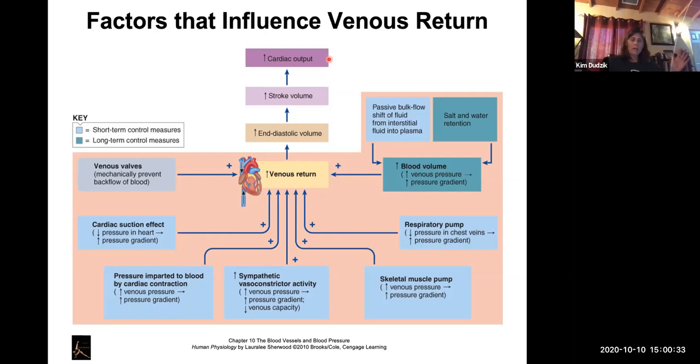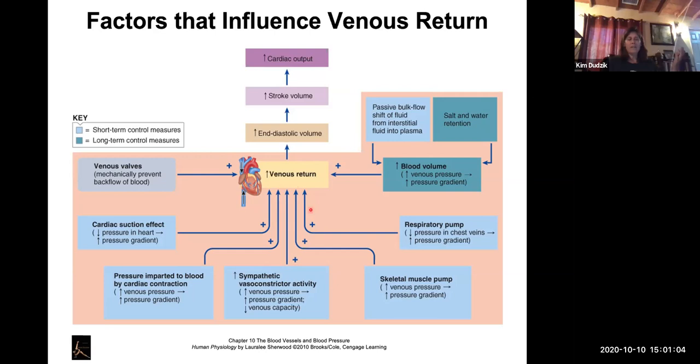We already talked about that's the value of stroke volume, the amount of blood with each contraction. So that influences cardiac output. Remember, stroke volume then is influenced by end diastolic volume, how much blood actually fills the ventricle before you're ready to contract it out. End diastolic volume occurs because of venous return.